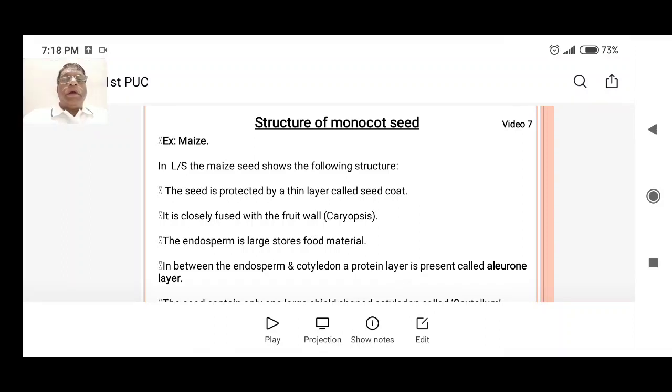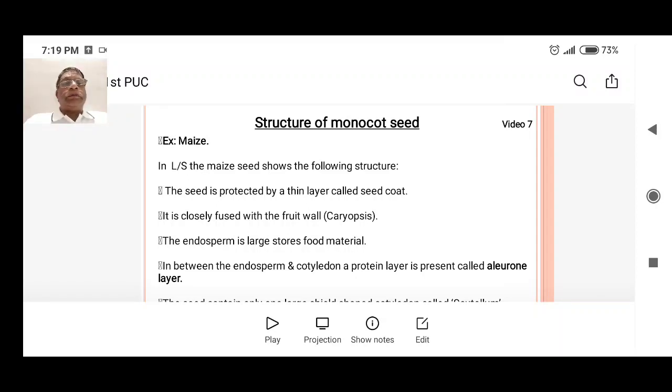In the last class, or in the last video, we discussed the structure of the dicot seed.